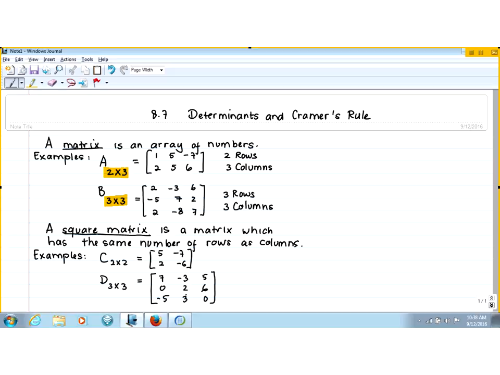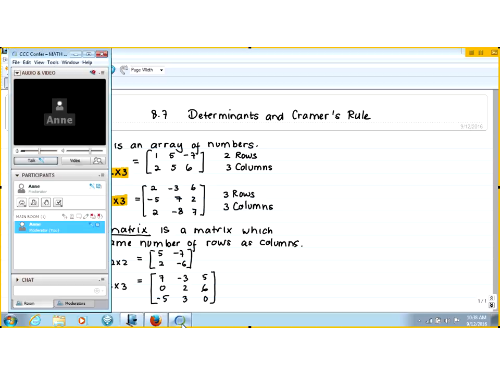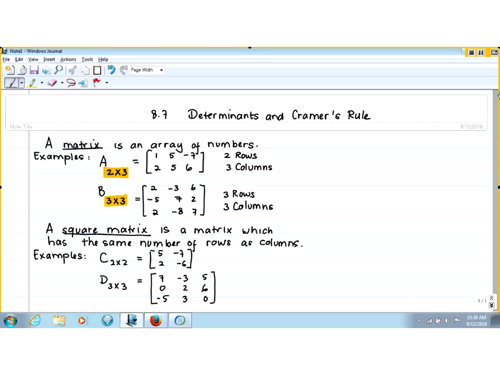So the next thing that we're going to do. Oh, by the way, did I put top here? Yes, I did. So determinant. What is determinant?